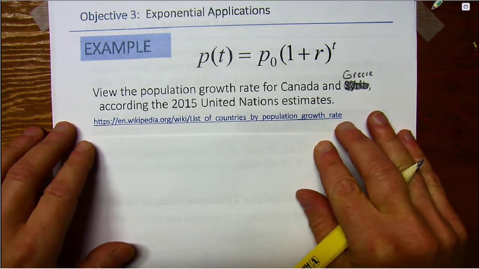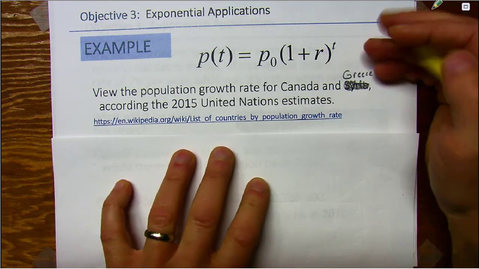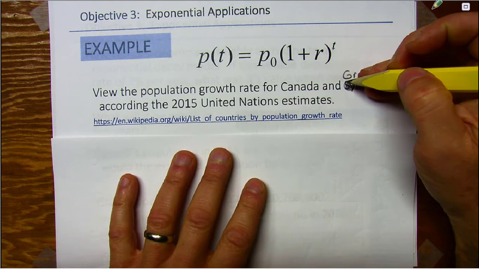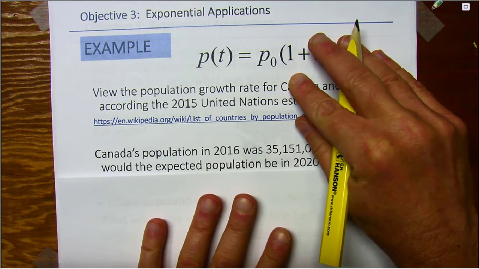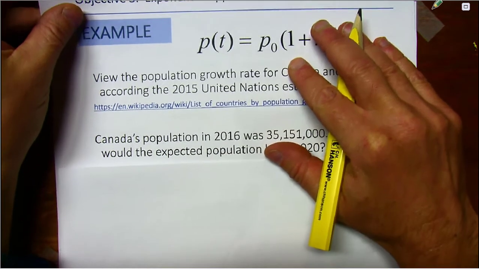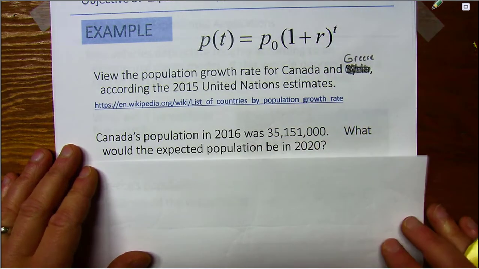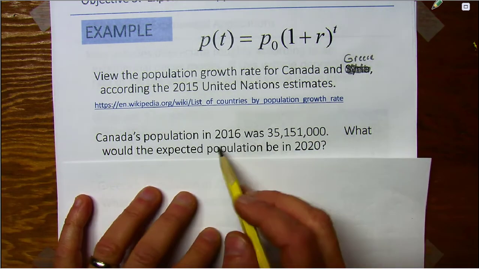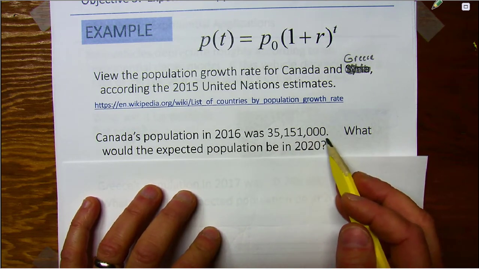Population is another great example of something that grows exponentially. So we're going to take a look at two countries here, Canada and Greece. And we want to look at what the population growth for each of these is. If we were in class, we would do a little bit more with this, but given our limitations, we're just going to do a basic calculation so you can do this computation. Canada's population in 2016 was 35,151,000 or so.